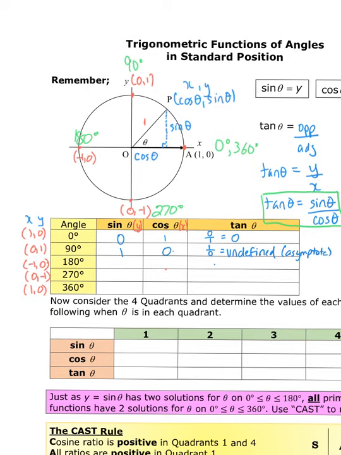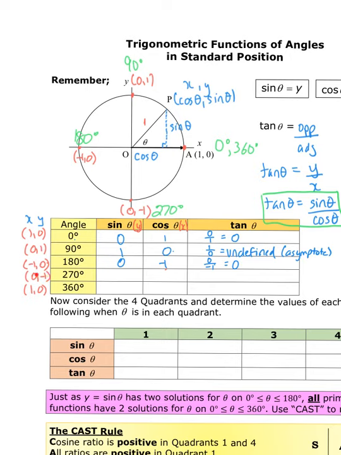The next coordinate is at 180 degrees, (-1, 0). Sine is y, so 0. Cos is x, -1. Tan is 0 divided by -1, which is 0. At 270, the coordinate is (0, -1). Sine is my y value of -1.